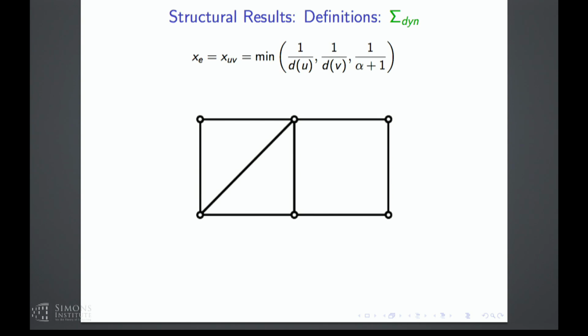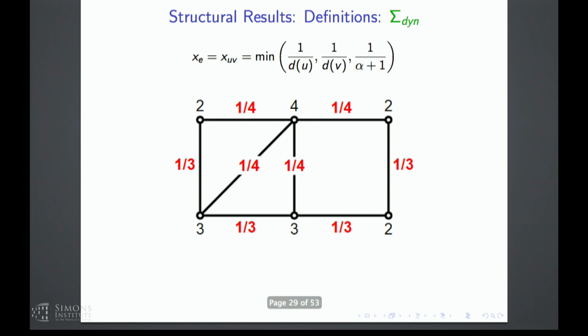So to define sigma dynamic, we need to assign weights to each edge in the graph, where the weight of the edge uv is the minimum of 1 over degree u, 1 over degree v, and 1 over alpha plus 1. So let's say this graph has arboricity alpha equal to 2. These are the degrees of all the vertices.